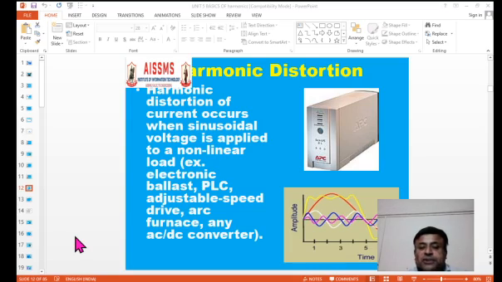So the harmonic distortion of current occurs when a sinusoidal voltage is applied to a nonlinear load. For example, electronic ballast, PLC, adjustable speed drives, etc. are the examples, or any DC AC converter. These are the certain examples of nonlinear loads.